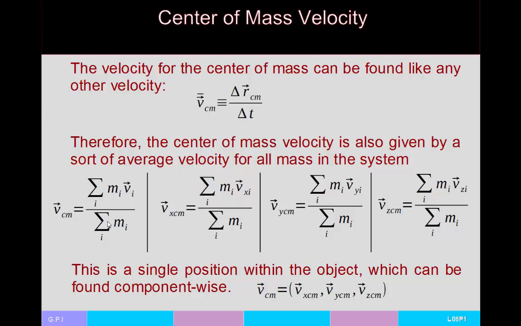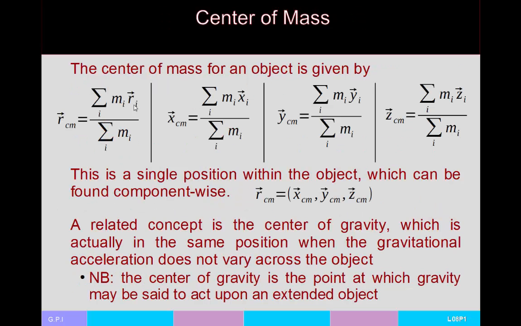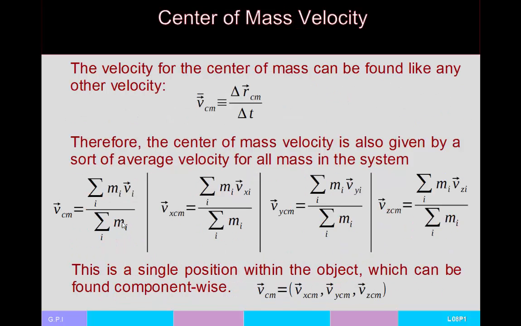And you can basically multiply from the previous slide each of these positions, x, y, z. You can take a delta x over delta t, a delta y over delta t, and a delta z over delta t. And that gets you these three equations, the center of mass in x velocity, the center of mass in y velocity, and the center of mass in z velocity.